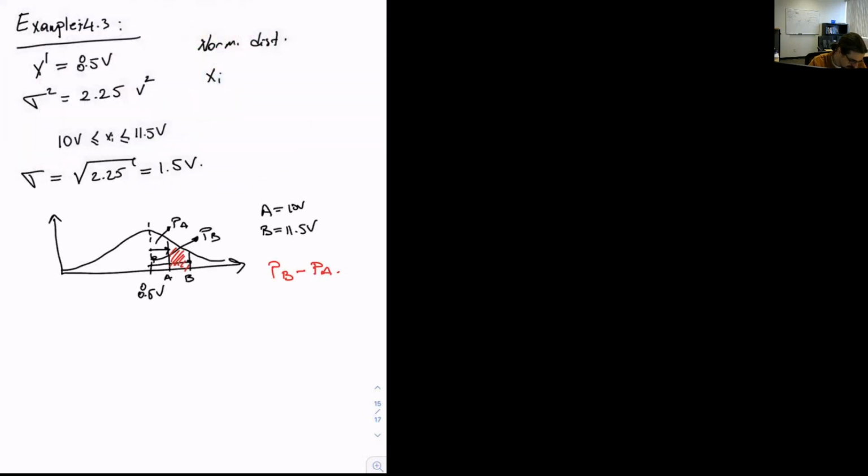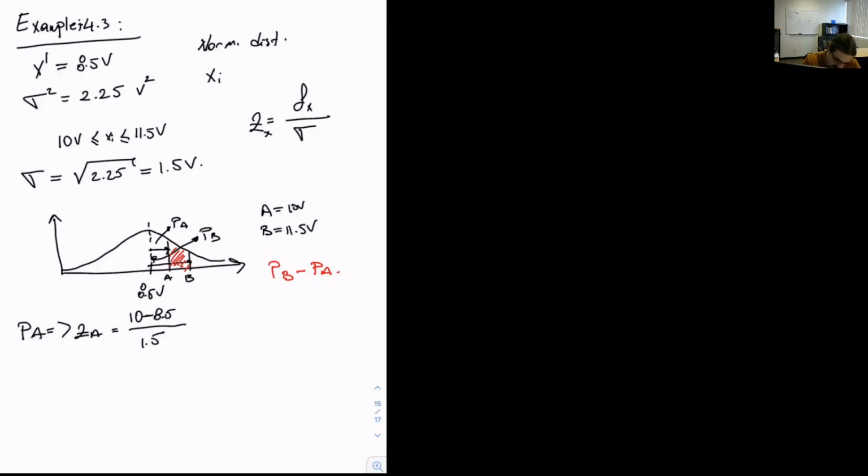So to know that, we'll first look at the z-scores associated with PA. Let's call it ZA, and that's going to be 10 minus 8.5 divided by 1.5. Remember that the z-score was defined as an interval, x, divided by the deviation, right?